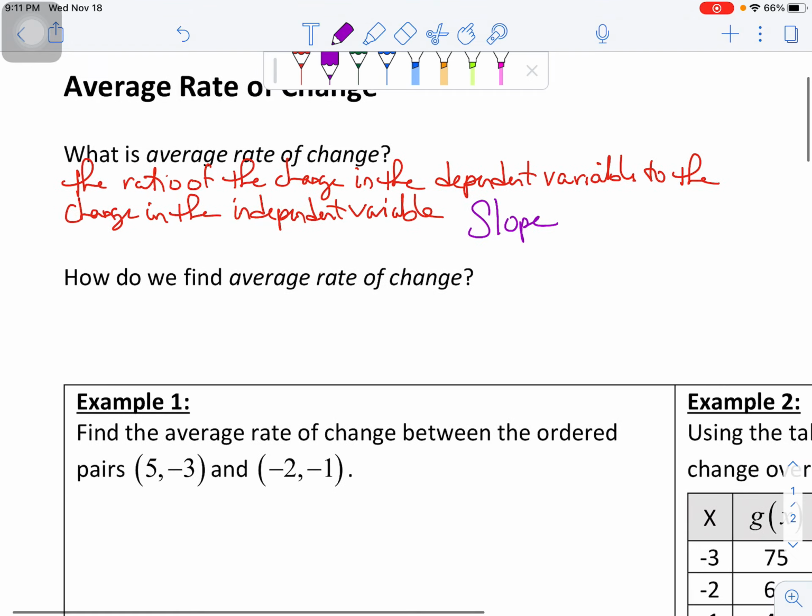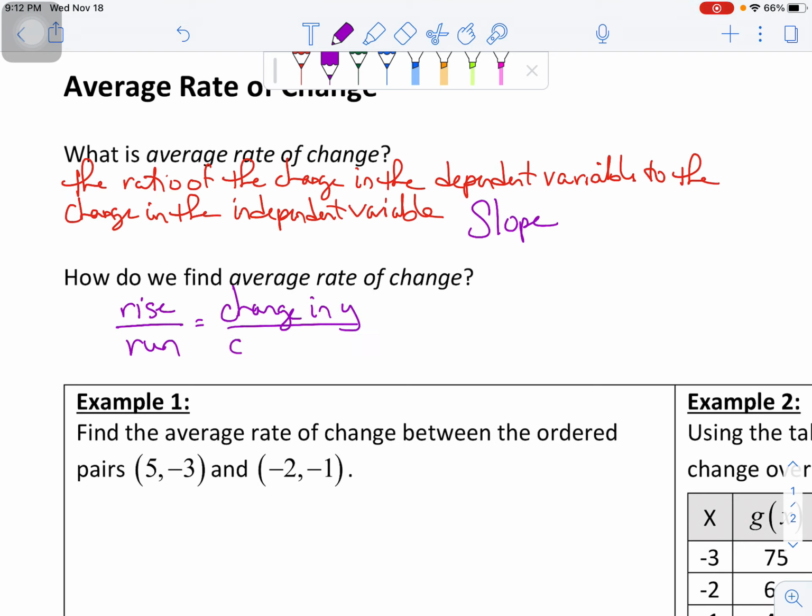Well, there's a bunch of different ways. One of the ways, if we are talking about slope, is rise over run. Rise is better known as the change in y over the change in x, which is your run.